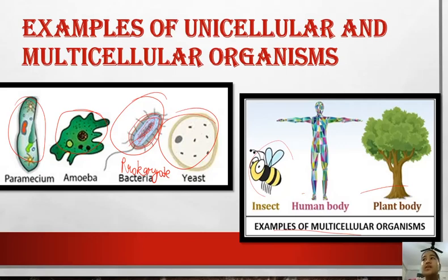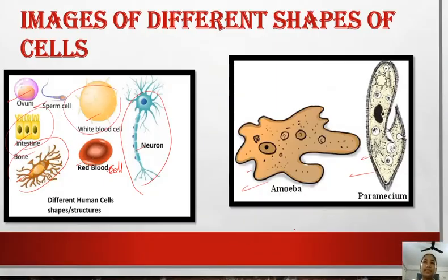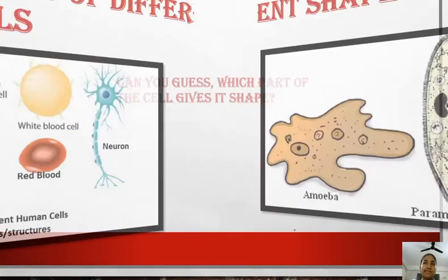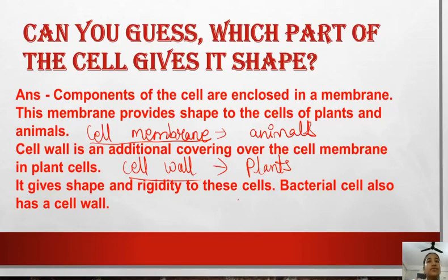And plant cells, if you magnify them, have a cell membrane, and they have another, the cell wall. So they basically have two. I hope you understood which part gives the shape.